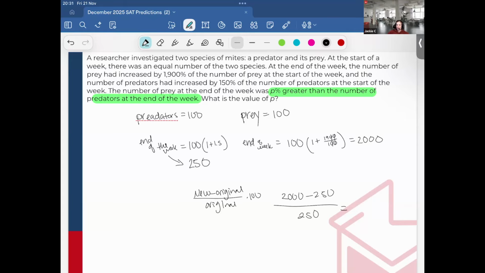This is going to be 1750 over 250, so basically 175 divided by 25, which will be 7. Then we multiply by 100. So it's going to be 700% greater, and 700 would be our answer. So just be really comfortable with percent problems like this. I feel you'll see similar ones on the exam.